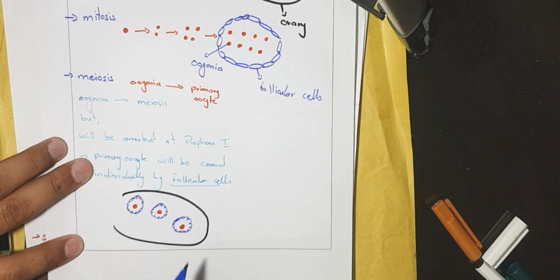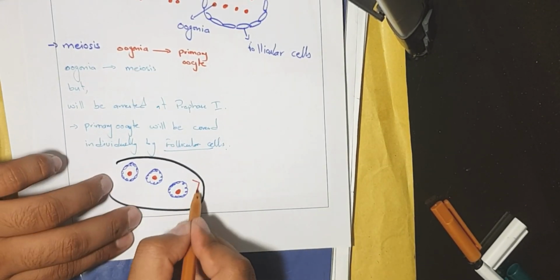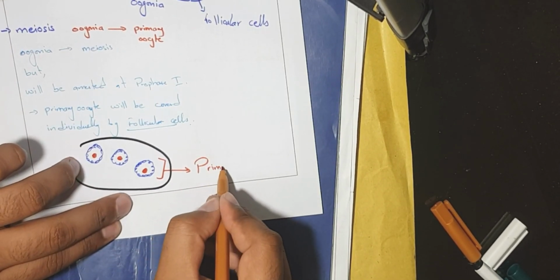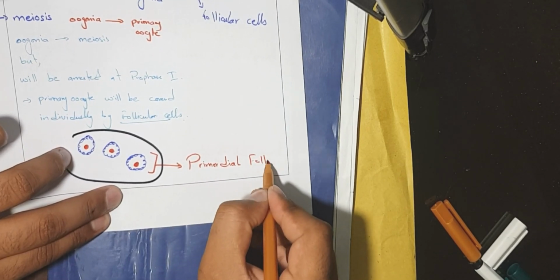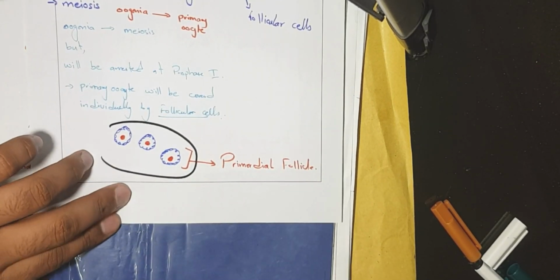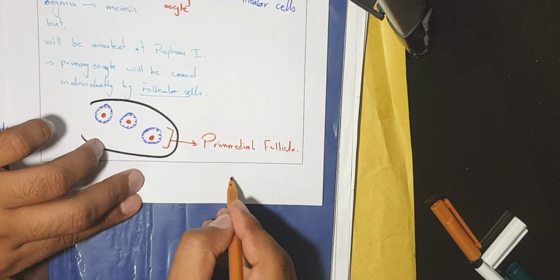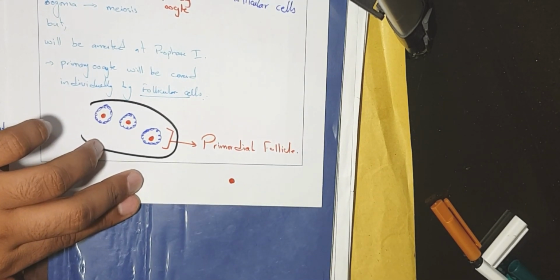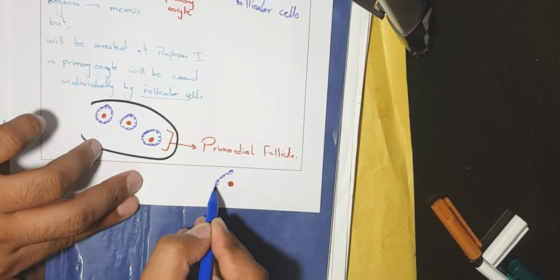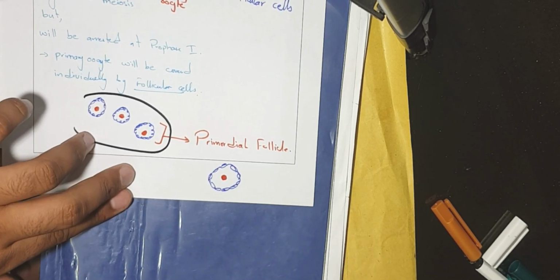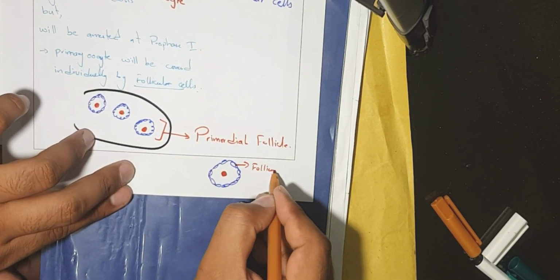So now this new structure which is formed will be known as the primordial follicle. The primordial follicle consists of 2 things: at the center will be the primary oocyte, and the surrounding cells will be the follicular cells.